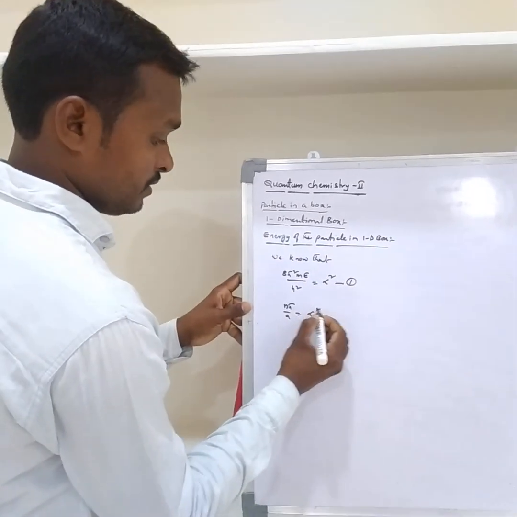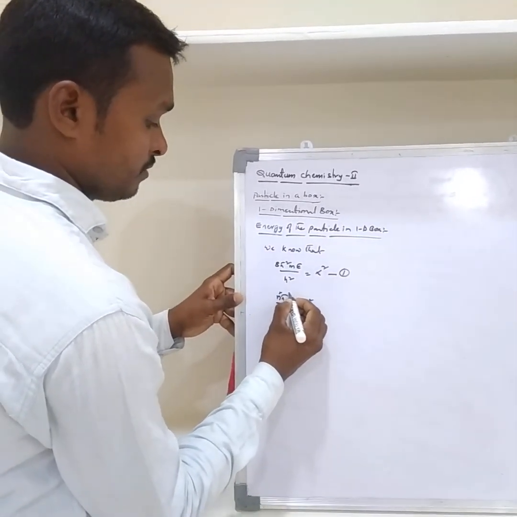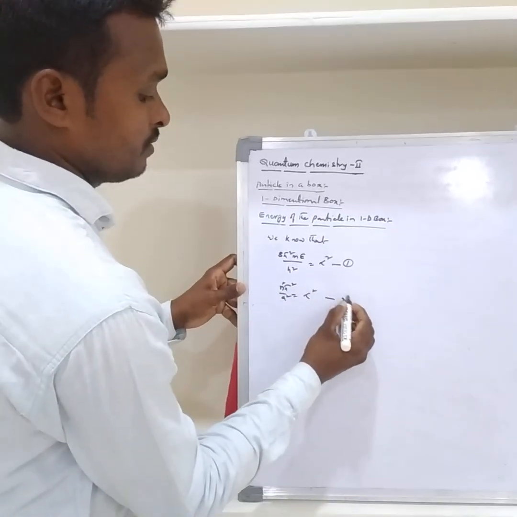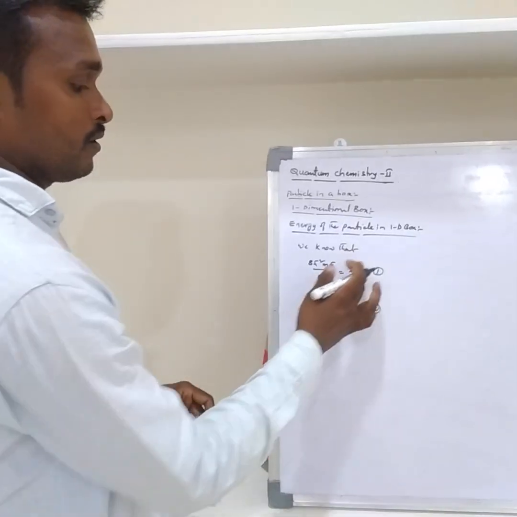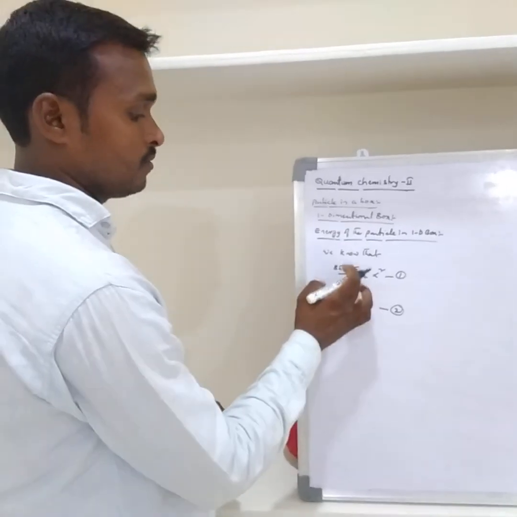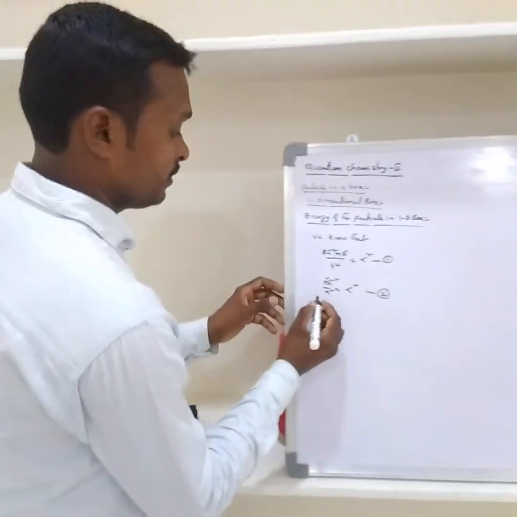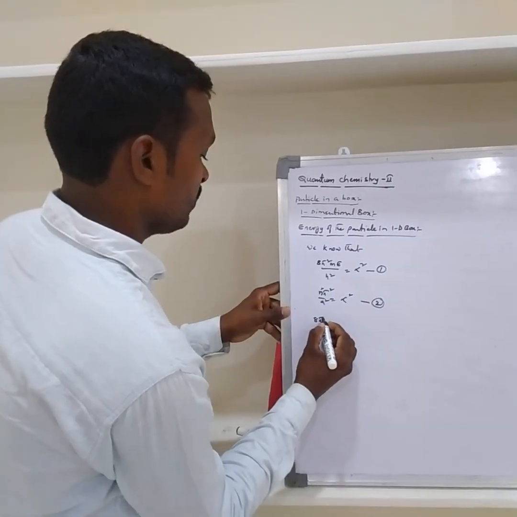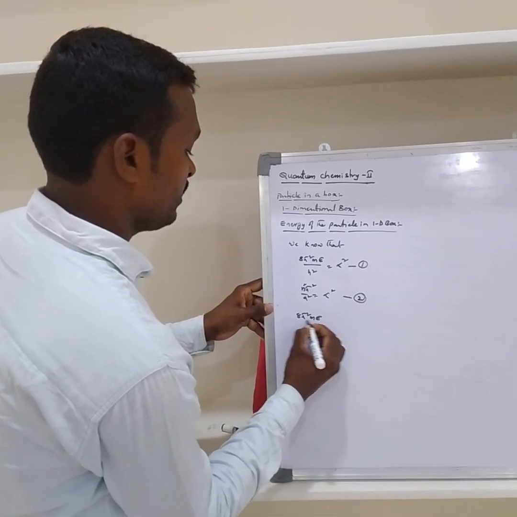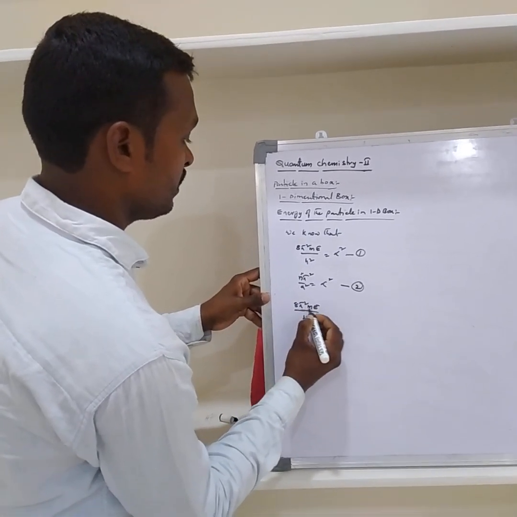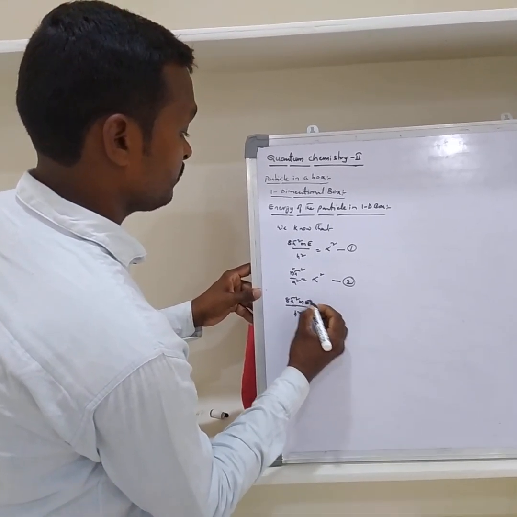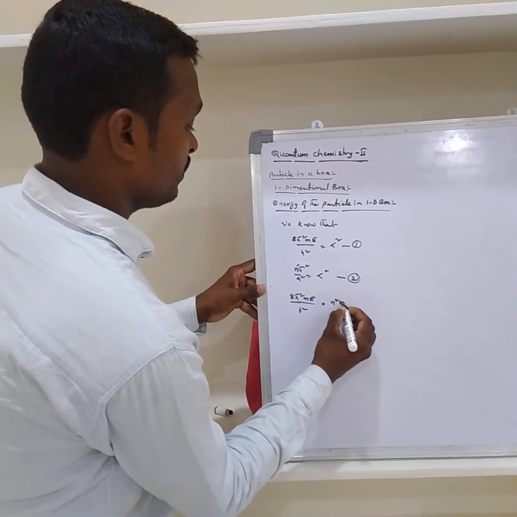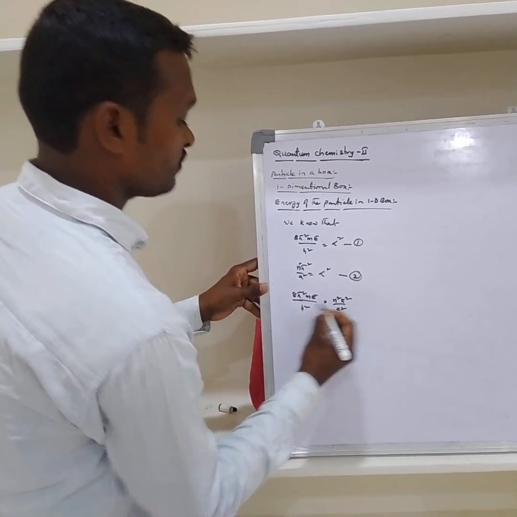So put alpha squared as n squared π squared by a squared. So from equation 1 and 2, the right hand side terms are similar, therefore the left hand side terms are also equal. Therefore 8π squared m E by h squared will be equal to n squared π squared by a squared.